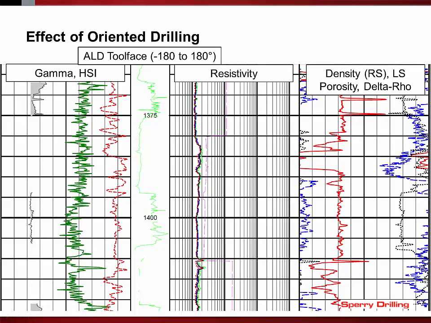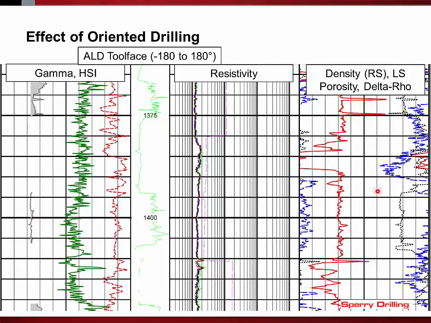And you can see intervals where we are getting a very, very low density measurement, like in here. And that's associated with a very large delta rho, the delta rho standoff correction. What that means is that that measurement is probably not reliable in that case, because the tool is facing not the low side, but to the left side of the hole, where the standoff could be quite large, and that's adversely affecting the density measurement.